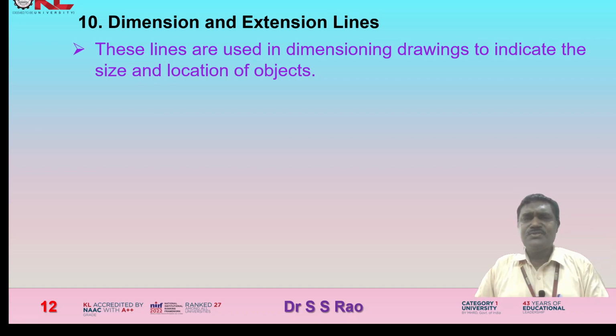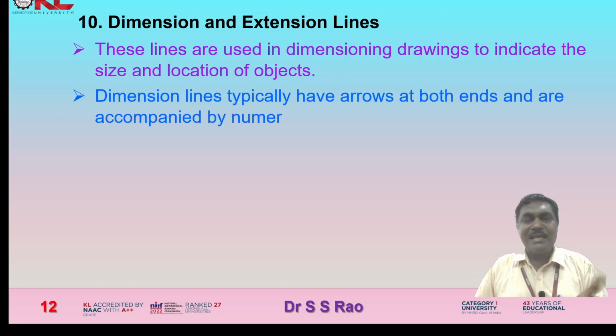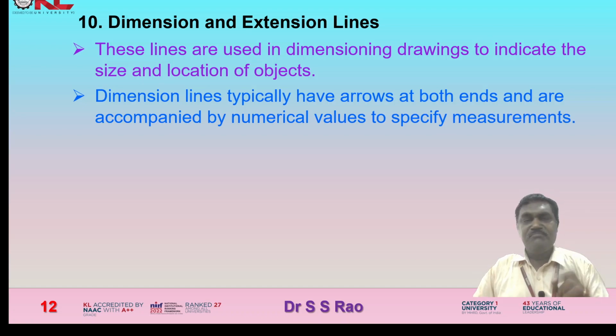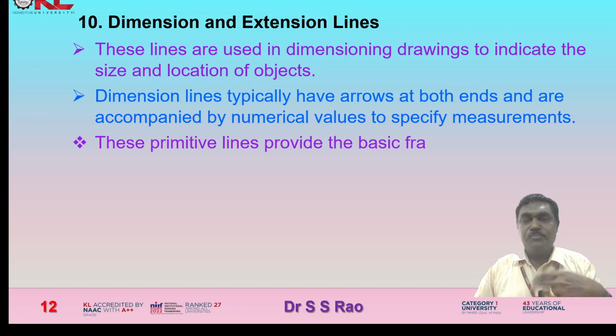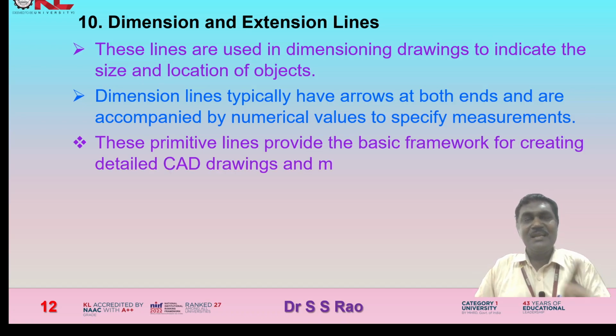These lines are used in dimensioning drawings to indicate the size and location of objects. Dimension lines typically have arrows at both ends and are accompanied by numerical values to specify measurements.